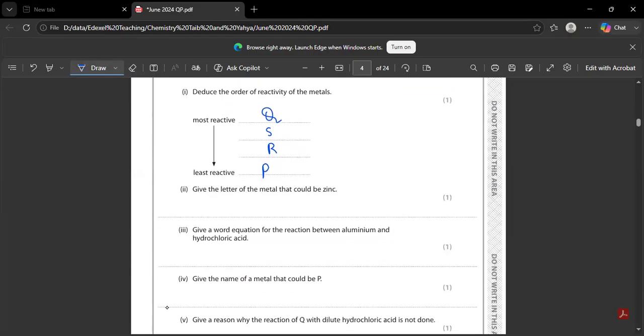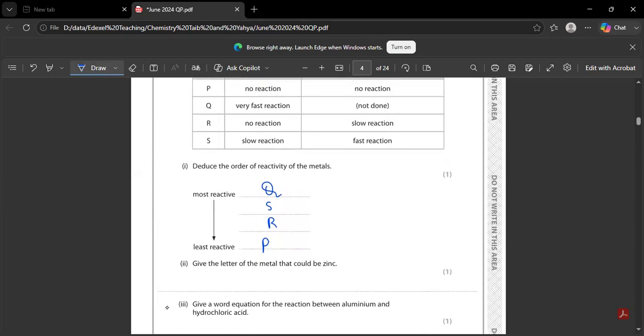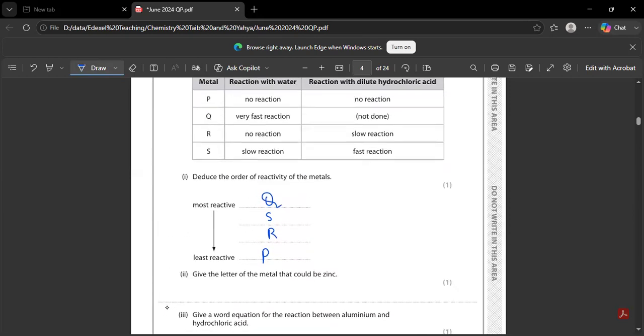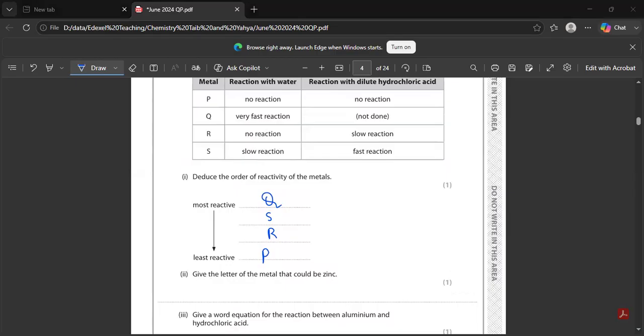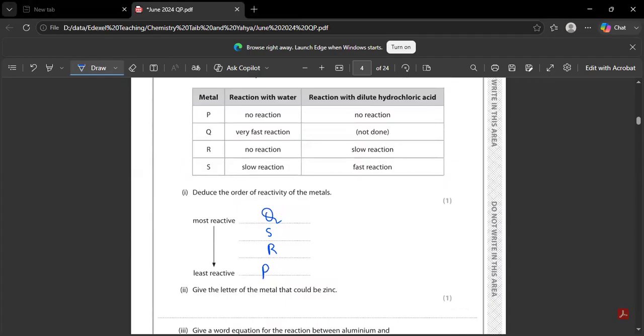So give the letter of the metal that could be zinc. Which one could be considered as zinc? Zinc reacts with hydrochloric acid, right? No, S. Zinc can react with water, but not slowly, it has a moderate reaction with water.